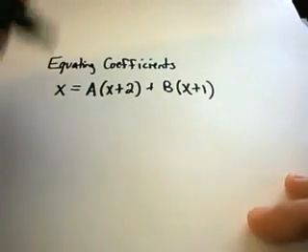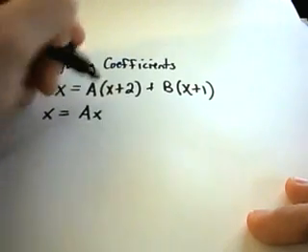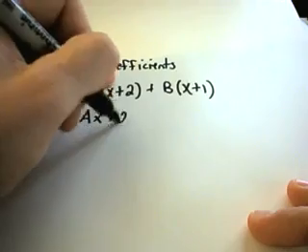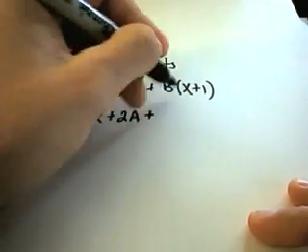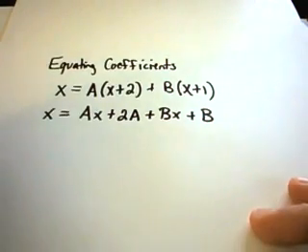Okay, so equating coefficients, what you're going to do on the right hand side is get rid of your parentheses. So I'll distribute, I'll get ax plus 2a plus bx plus b.